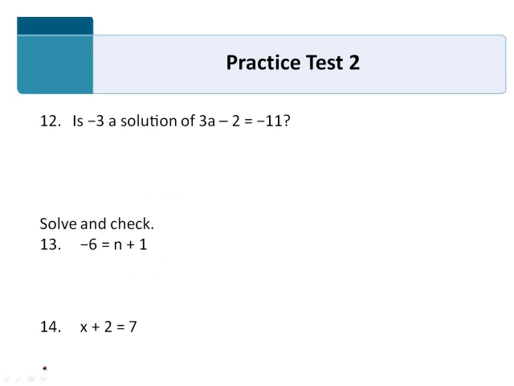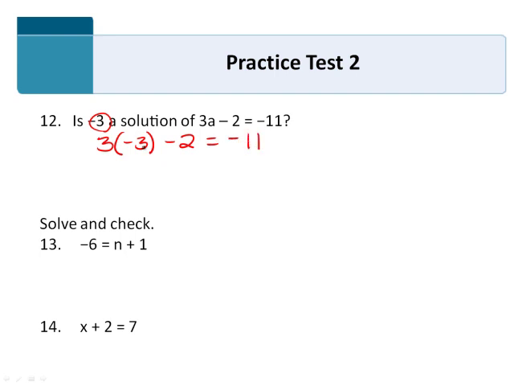Okay, number 12. Now we're starting to get into some of the equation type part of the test. First, we want to know, is negative 3 a solution of 3a minus 2 equals negative 11? So here's where you take the negative 3 and you plug it into the variable, into the equation. So we have 3 times negative 3 minus 2 equals negative 11.